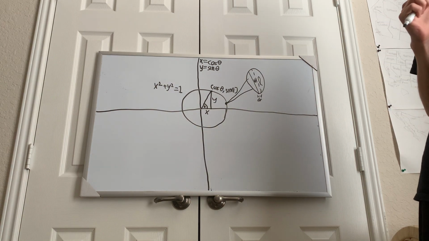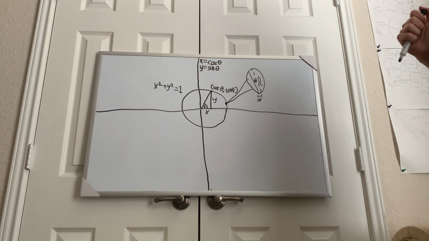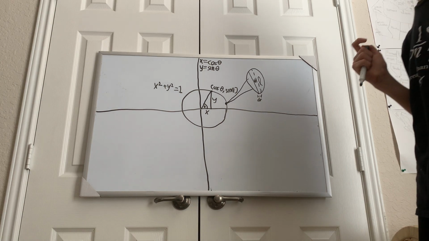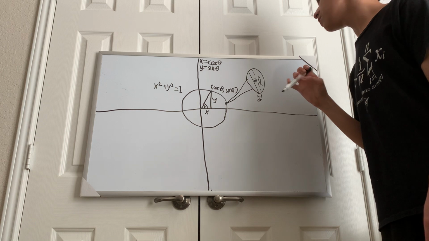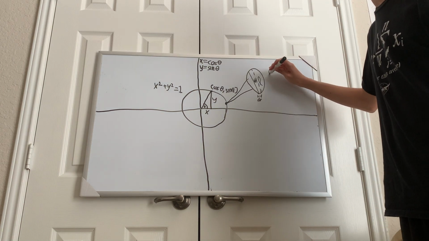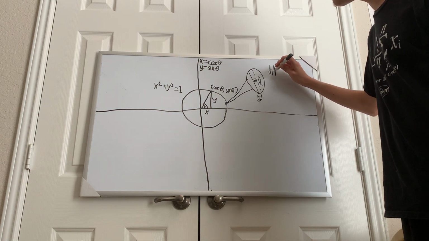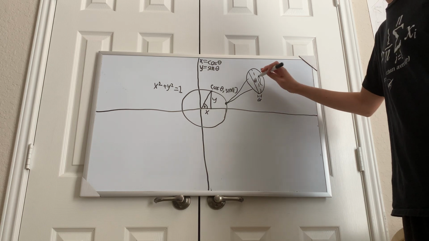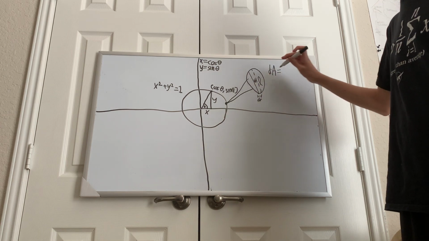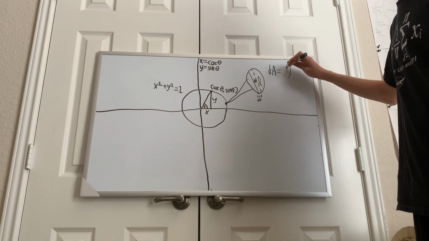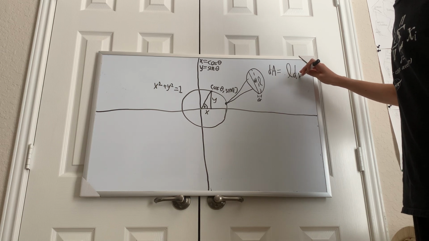So that's an infinitesimally small change in the area, so we can write that as a differential. So dA is equal to, and since this is approximately a rectangle, we can say L dr.